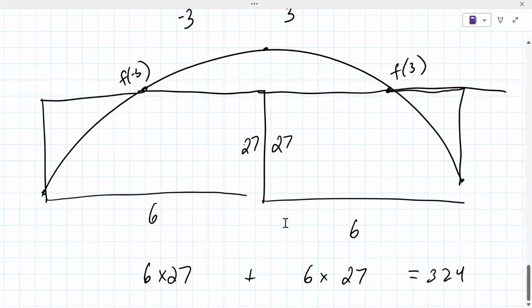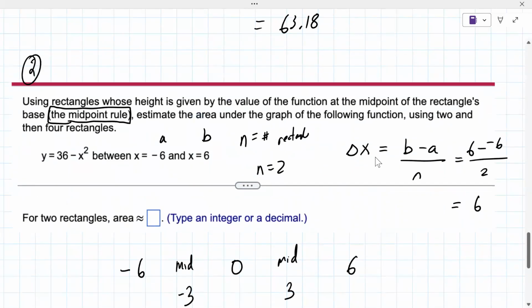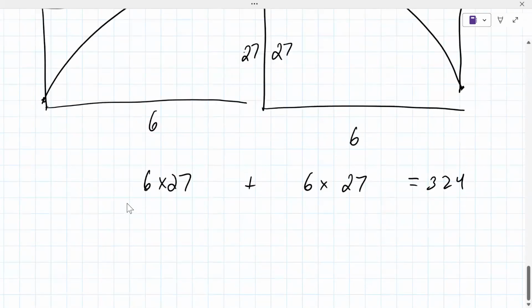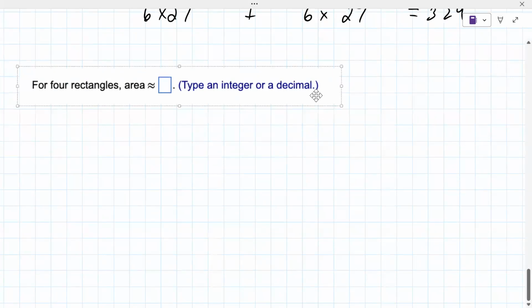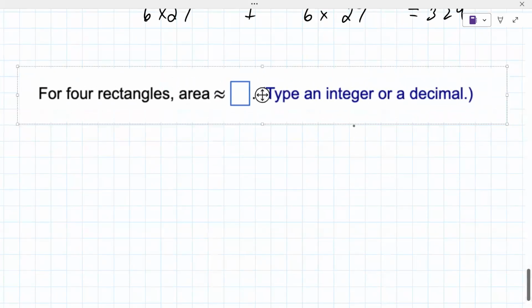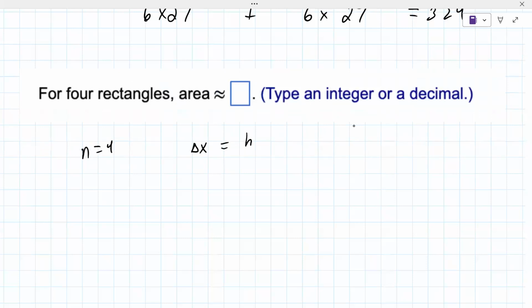Now, unfortunately, for 4 rectangles we have to actually restart from the beginning with this whole delta x thing. Let me snip in that part of the question. I'm sorry this is going so slow, but there's no shortcut here. So now n equals 4. Your delta x is b minus a over n, still the same b and a, 6 minus negative 6 over 4.